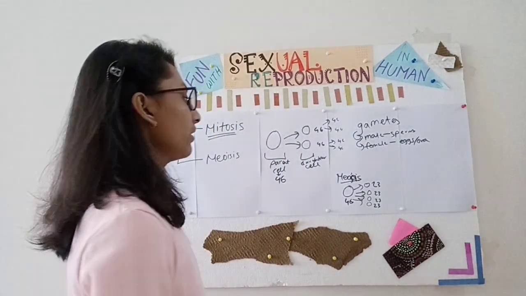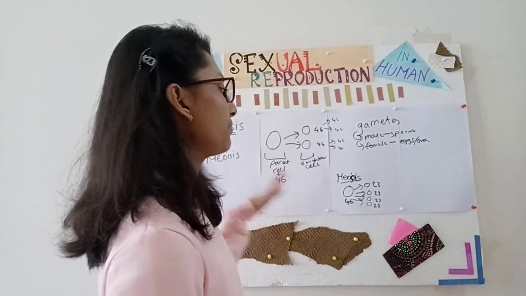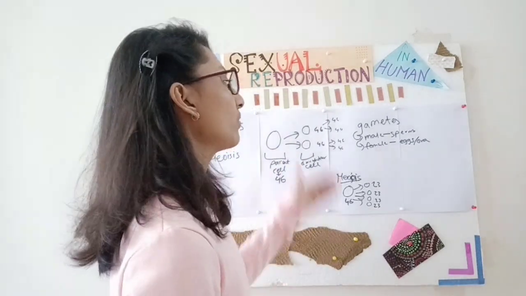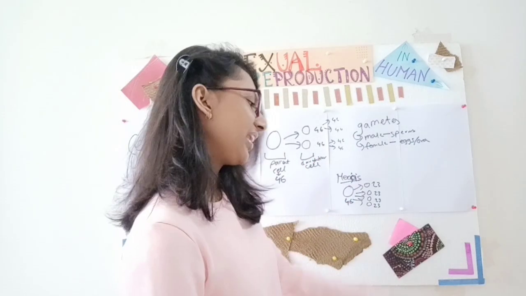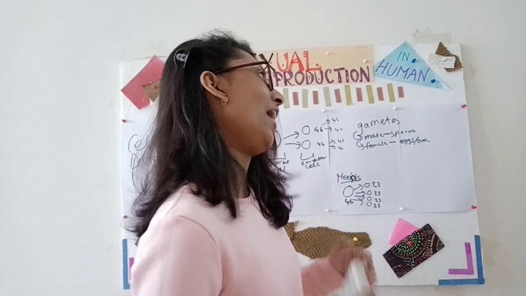Now, we know that's the process of meiosis. We know gametes or reproductive cells are produced through meiosis. Now you can ask, why? Why do gametes need to be produced through meiosis, as an exception or difference?